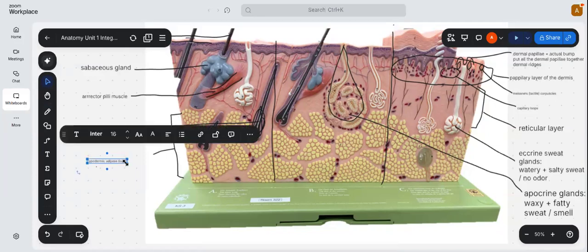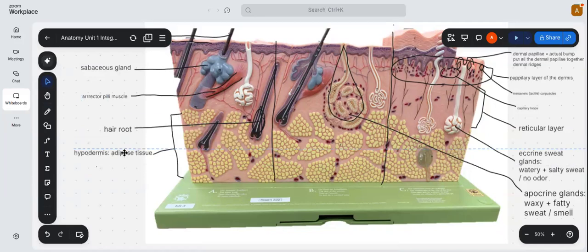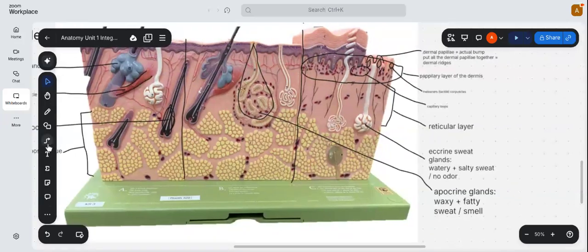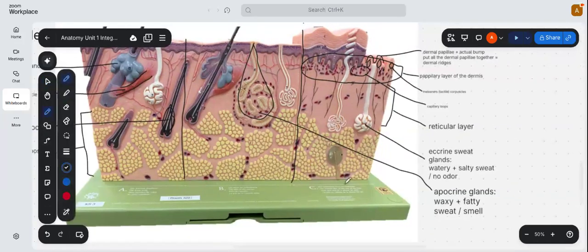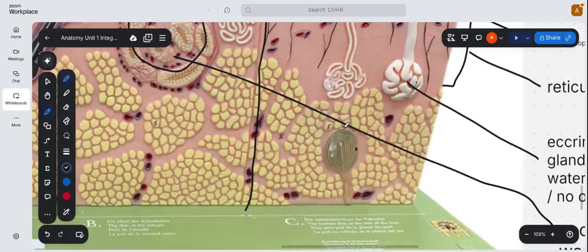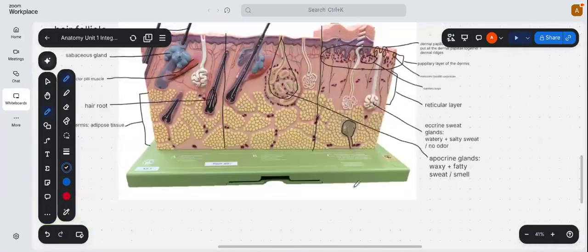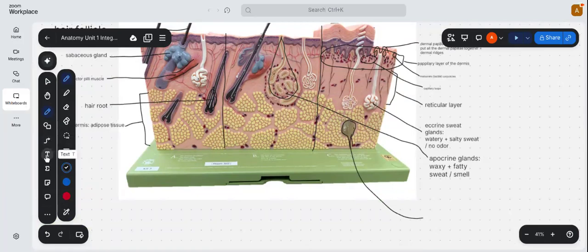Now, the hypodermis is really nice because you only need to know one main thing in this layer, and that is your Pacinian corpuscles. The Pacinian corpuscle is going to be this little guy over here. Kind of looks a little bit like an onion with all of its different layers. All right. And it is only found in thick skin areas.